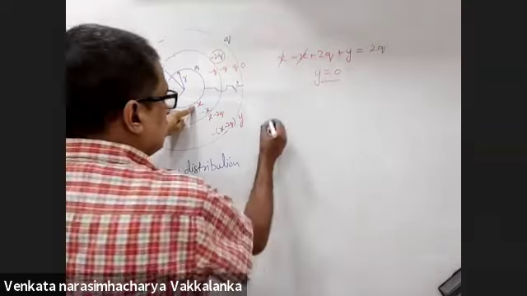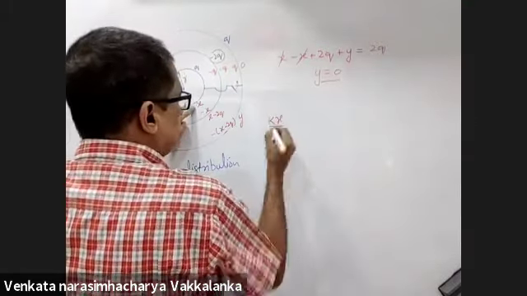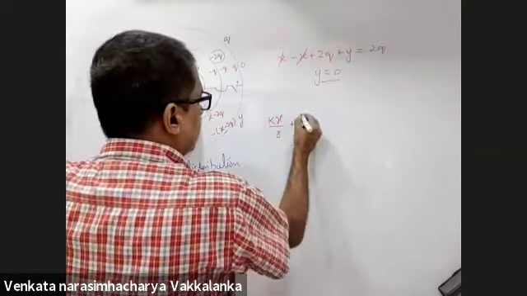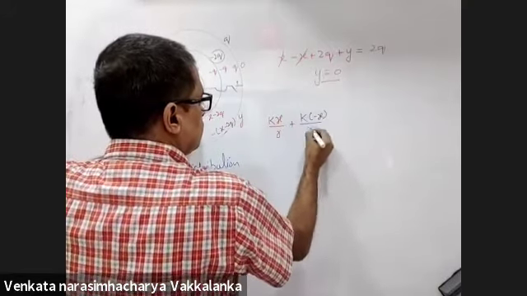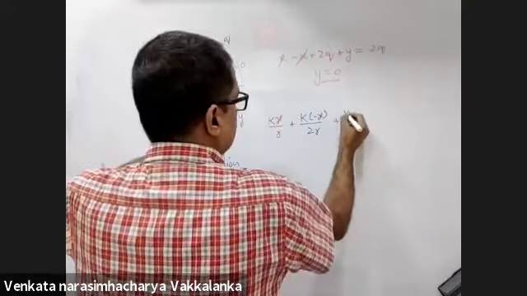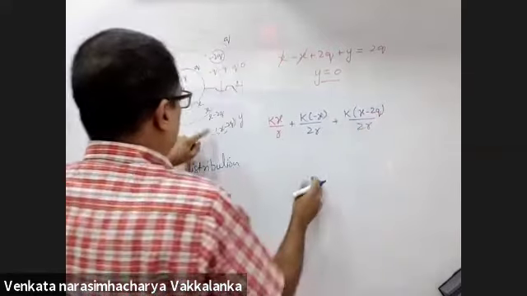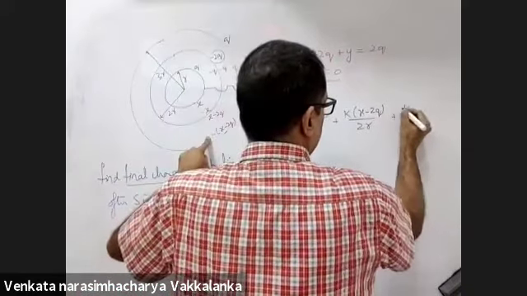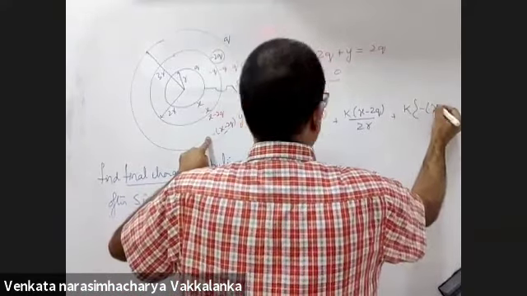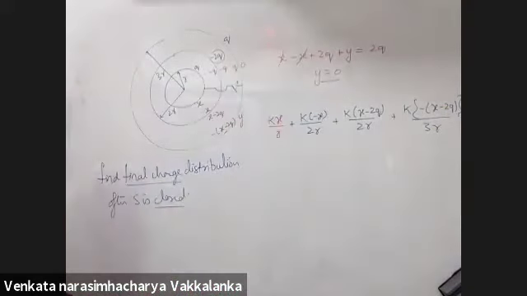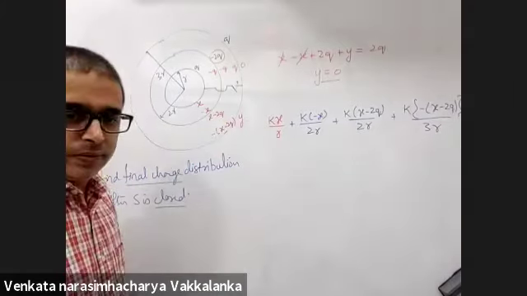Now the potential on the innermost sphere: kX by R, k minus X by 2R, k into X minus 2Q by 2R, k minus of X minus 2Q by 3R. Y is already 0, so I'm not worried about it anymore.